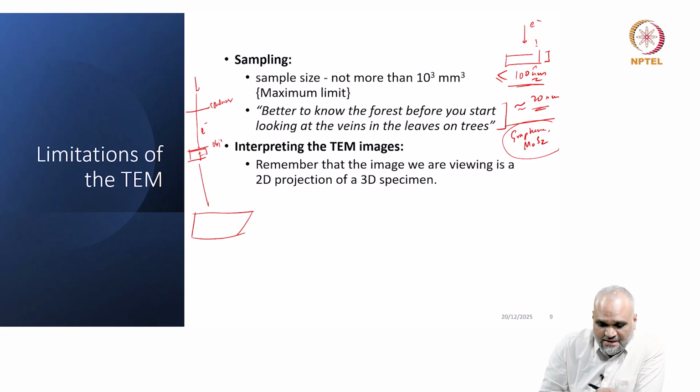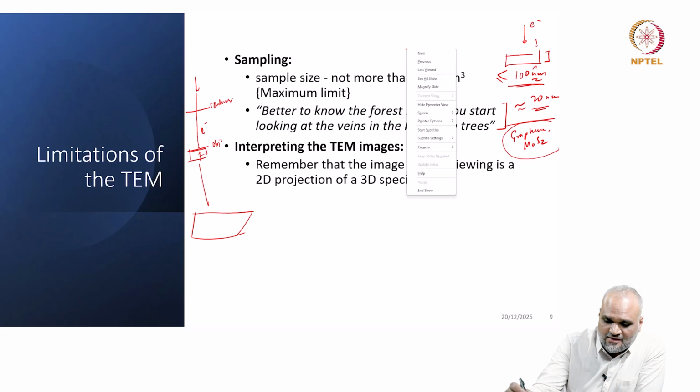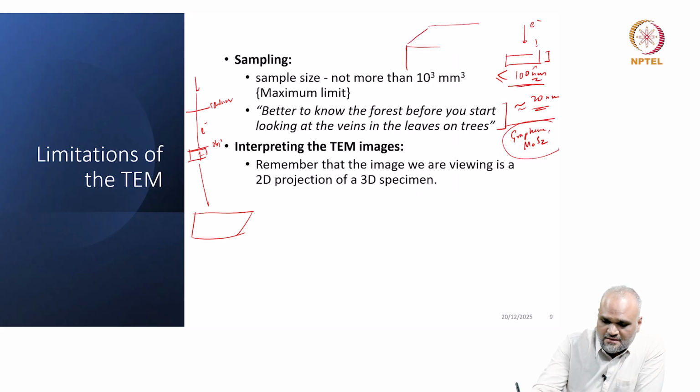So what is happening here is, if I have a three-dimensional object which looks like a cube here, let us say I place A at these corners, and B at these corners.